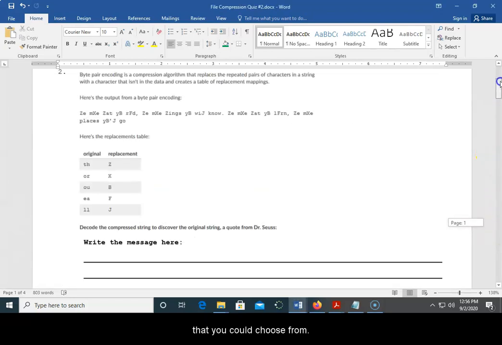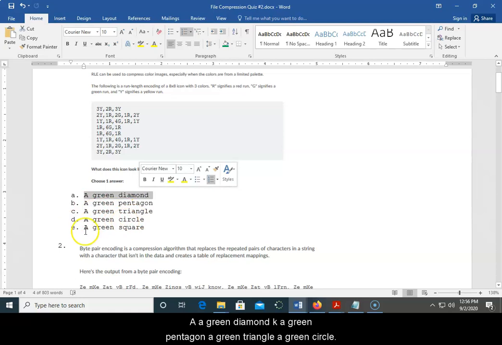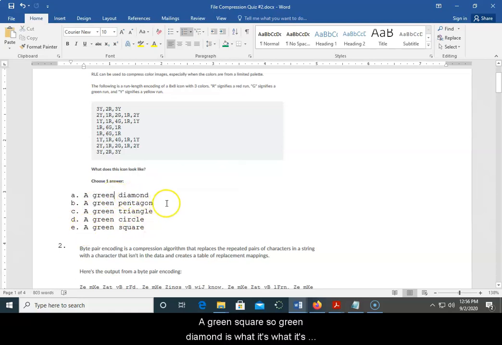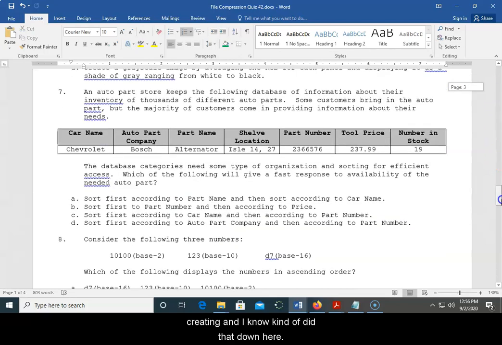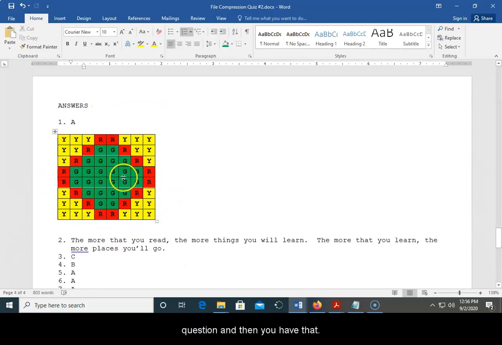But what are the answers that you could choose from? A green diamond, a green pentagon, a green triangle, a green circle, a green square. So a green diamond is what it's creating, and I did that down here. It's none of the other ones. It didn't have anything to say about red or yellow, so you ignore that in the test question, and then you have that.